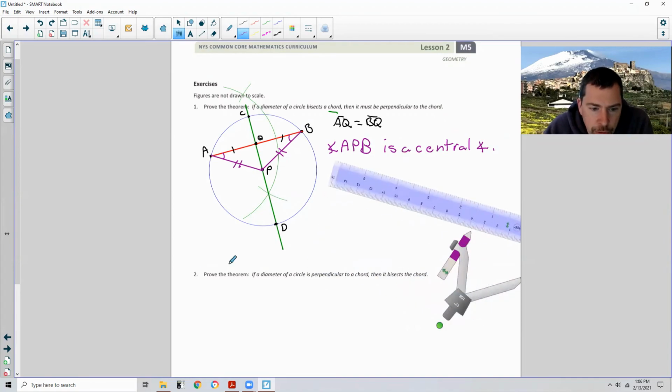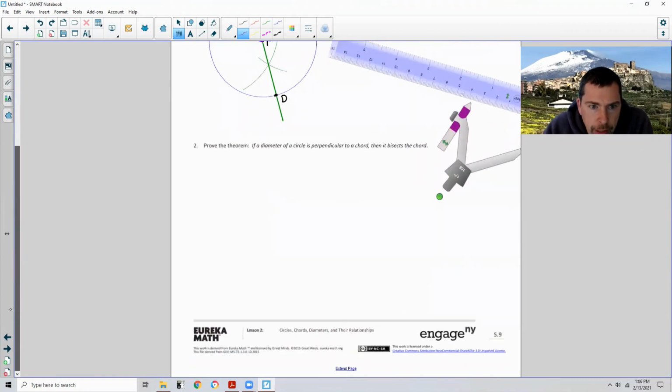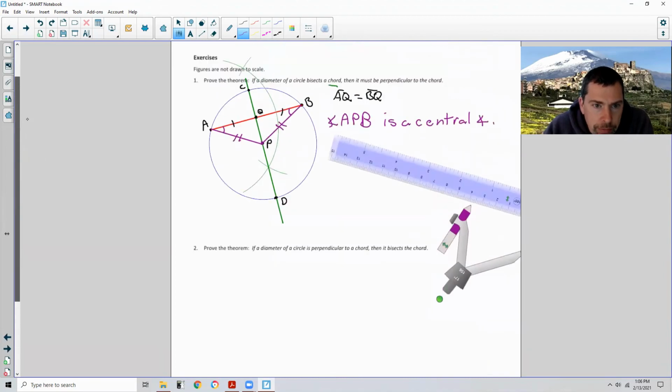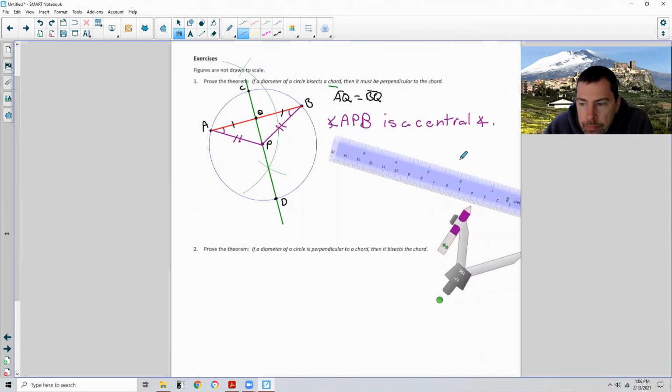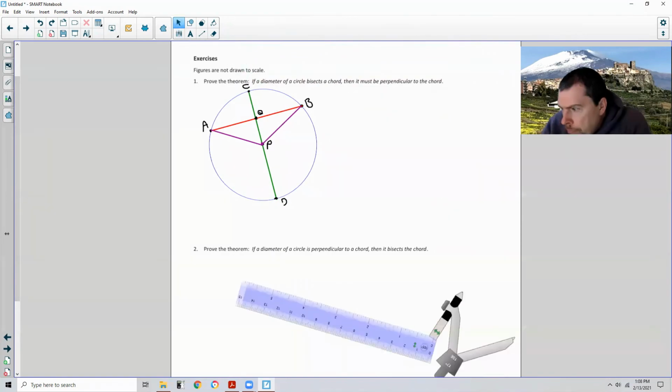All right, number 2, prove the theorem. If a diameter of a circle is perpendicular to a chord, then it bisects the chord. Okay, it's a converse. So now we have to draw this up. We're going to write a proof because it does say to prove the theorem.